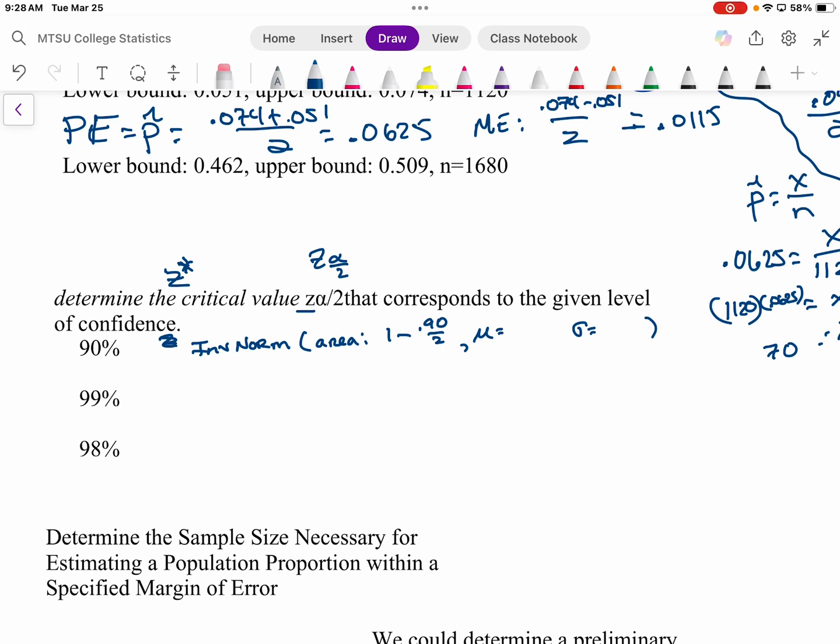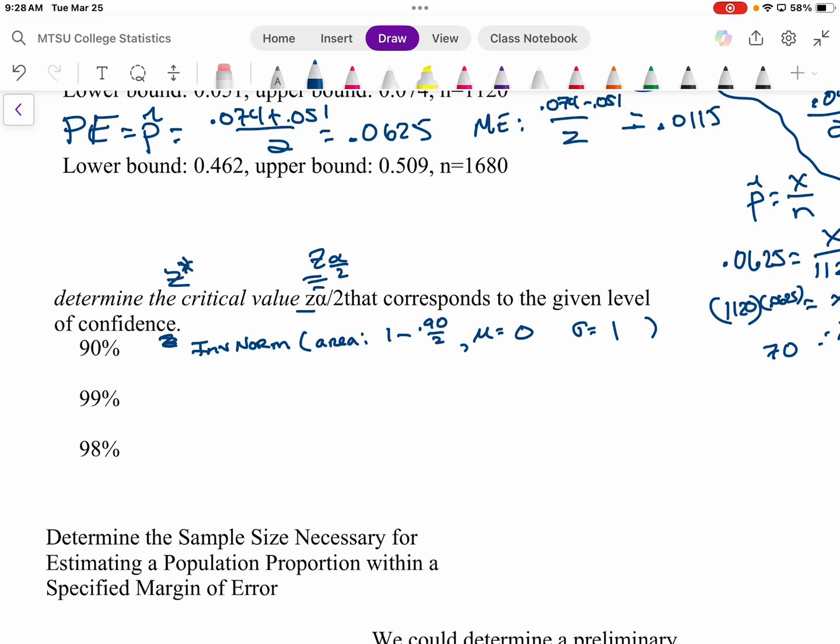What'd you say? 0 and 1. Yes, ma'am. 0 and 1. The mean is 0 and the standard deviation is 1. Again, when you're dealing with the letter Z here, the Z stars, that means it's been standardized. That means we have a standard normal bell-shaped curve, which means the mean is always 0 and the standard deviation is always 1. So now I get to go to the calculator.